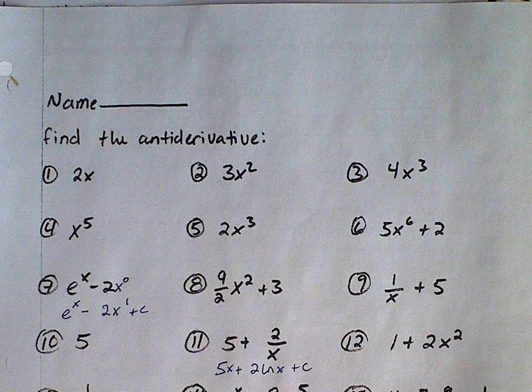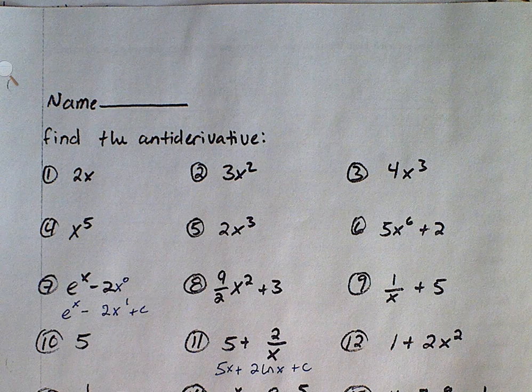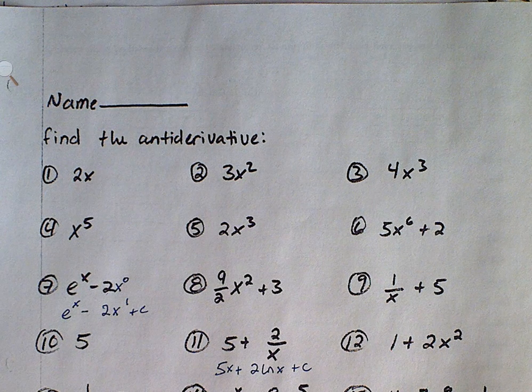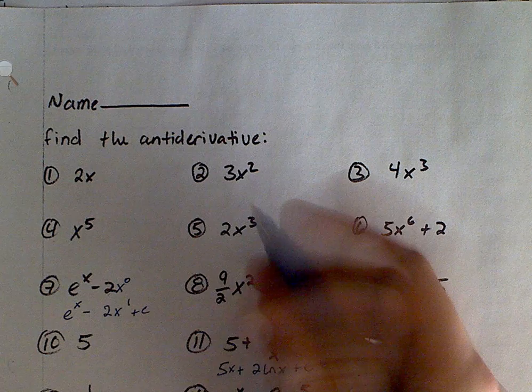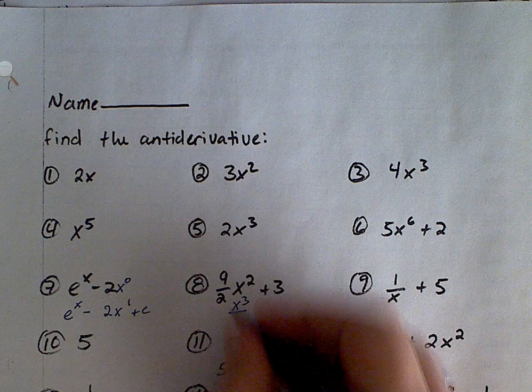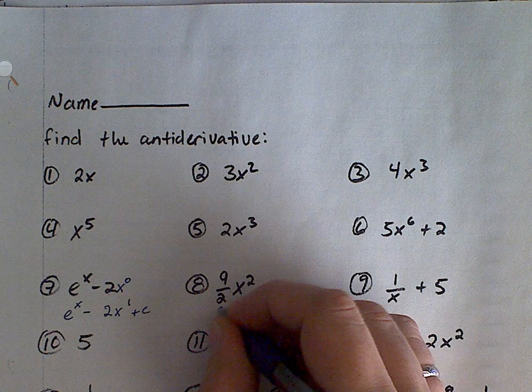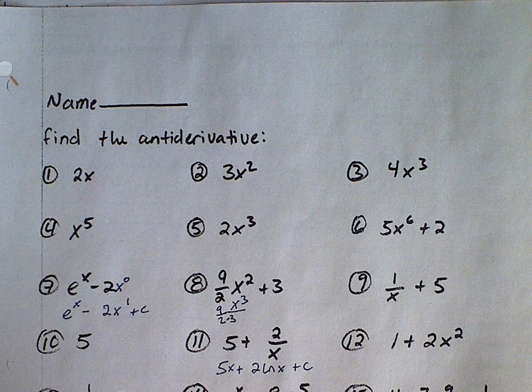So the 9 halves we're going to leave alone for a second, and the x squared is going to turn into x to the third over 3. And then I'm going to write the 9 over 2 here, and then the 2 and the 3 are going to multiply themselves out. 6.